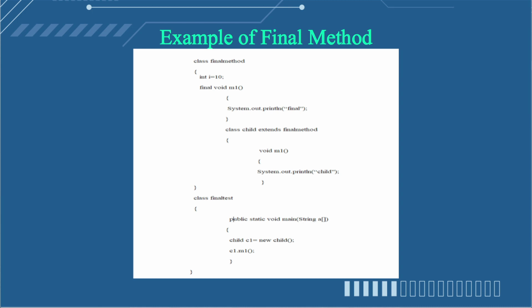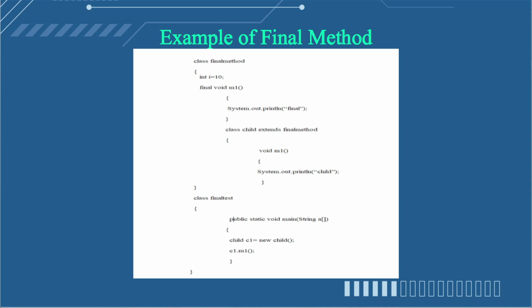Under this main class we create the object of the subclass, that is, child C1 is equal to new child. When we compile the program, the object of the subclass accesses the method m1, and when it tries to override it, it gives an error because a method declared as final cannot be overridden.